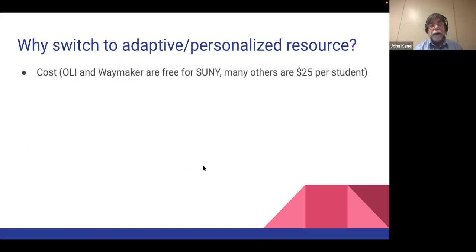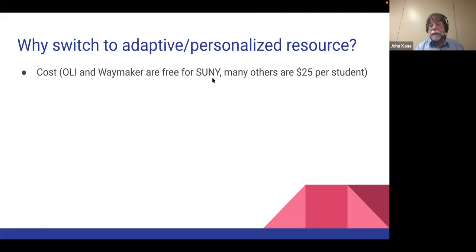Now, in terms of the OLI, OLI is provided by a series of adaptive learning packages developed by Carnegie Mellon, the Open Learning Initiative. I'm sorry, I forgot the name of that. But OLI, I think it is the Open Learning Initiative. It was a group that developed adaptive learning programs at Carnegie Mellon, and Waymaker is available through Lumen Learning.